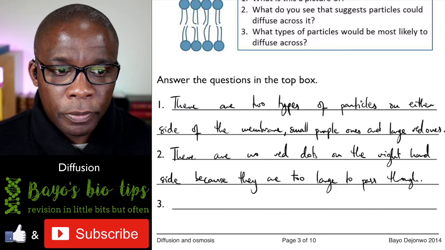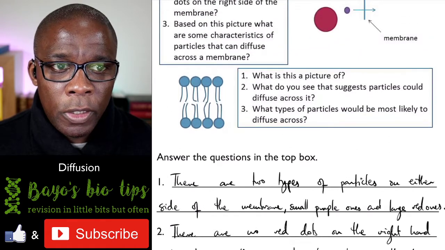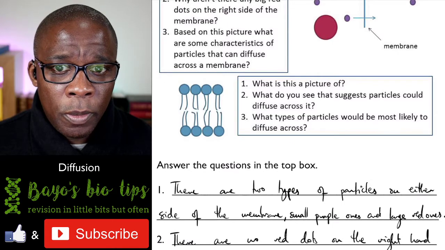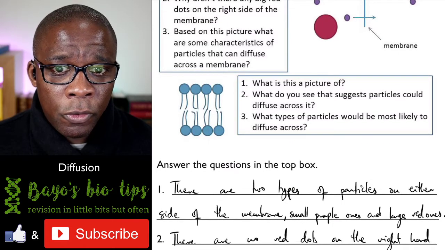Okay, so the final question on the top says, based on this picture, what are some characteristics of particles that can diffuse across a membrane?